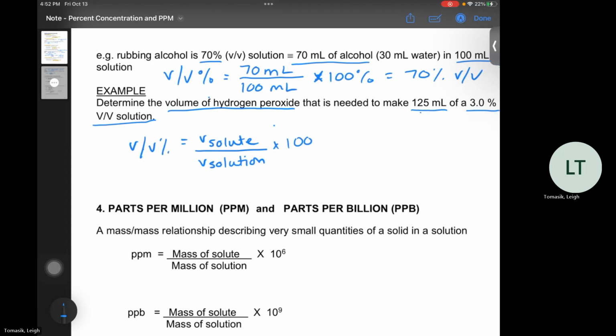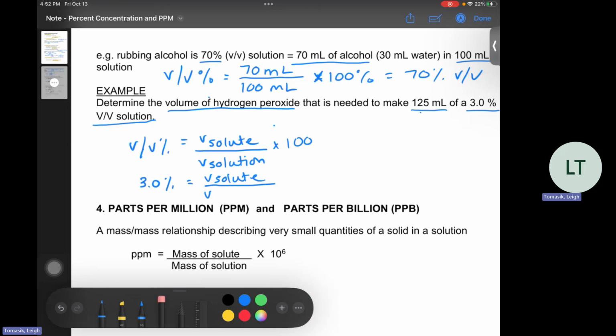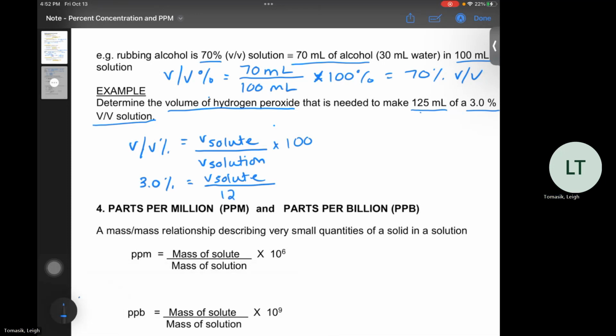So the volume per volume percent is 3.0, and that is equal to the volume of the solute, which we don't know, over the volume of the solution, which we do know. We need 125 mils, times 100.